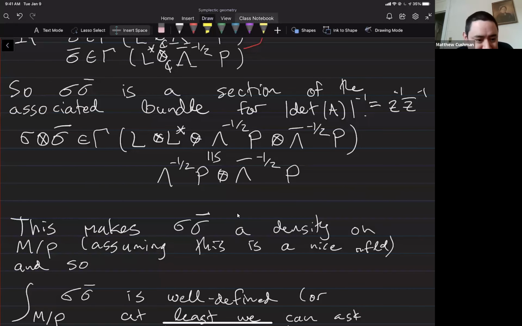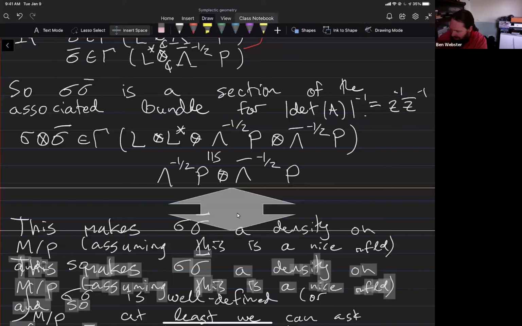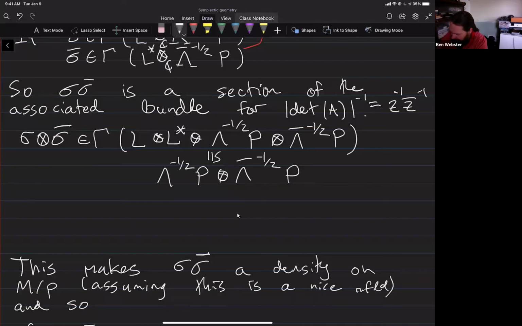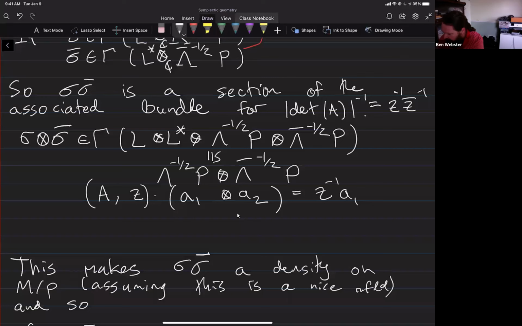I'm sorry, I'll let you talk. Yeah, that's fine. So if I have a section of this bundle that looks like A1 tensor A2, and I transform this by change of trivialization, I've chosen some trivialization of this over some open set, and I change it by multiplying by the element A, with eigenvalue Z, then I get Z inverse A1 tensor Z conjugate inverse A2.